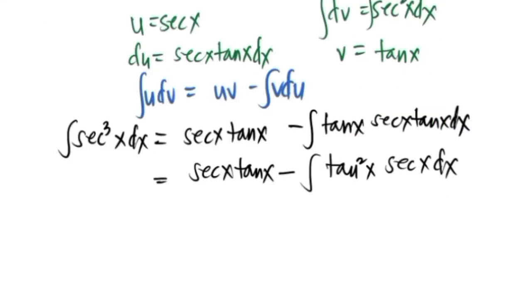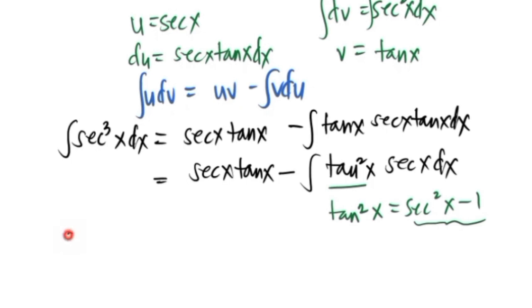So galing doon sa previous topic natin, no? So anong ginagawa natin dito? If we remember the trigonometric identities, we have the tangent square x is equal to secant square x minus 1. So we express this tangent square here in terms of secant square x minus 1.